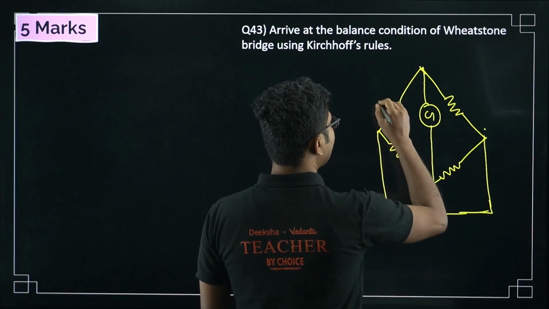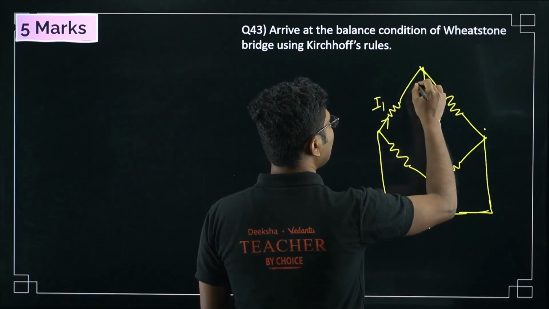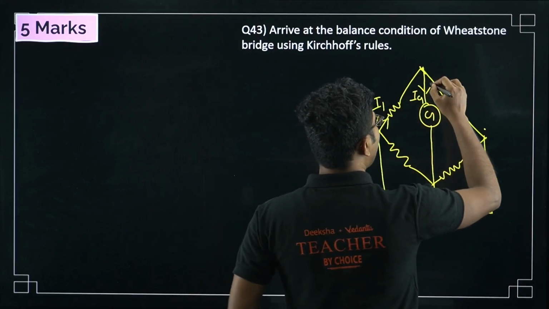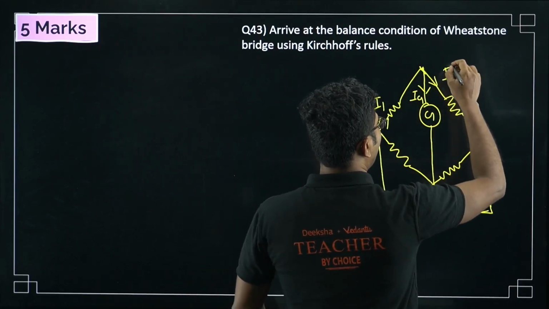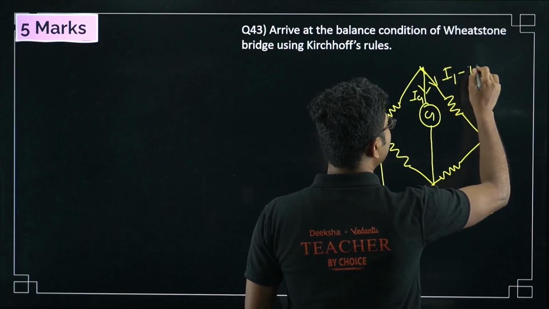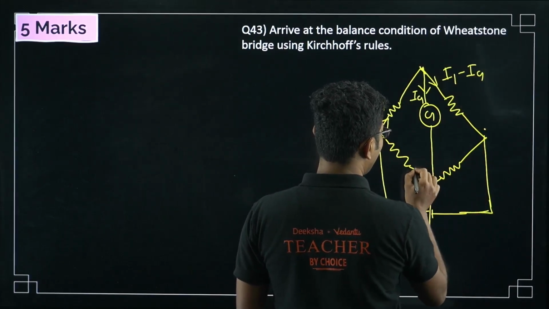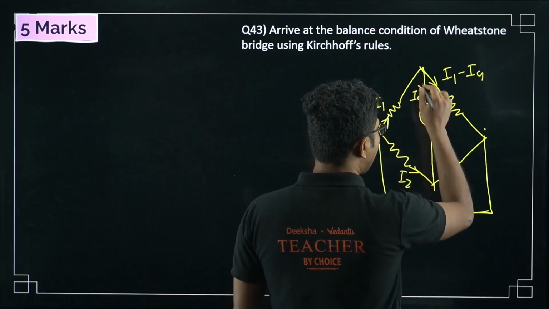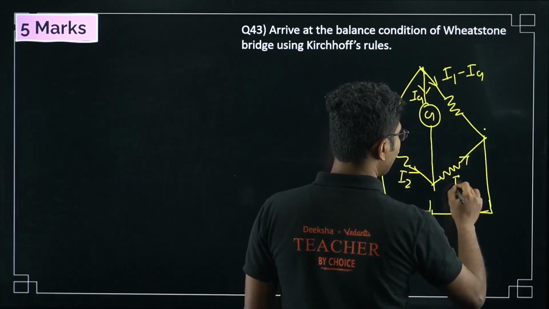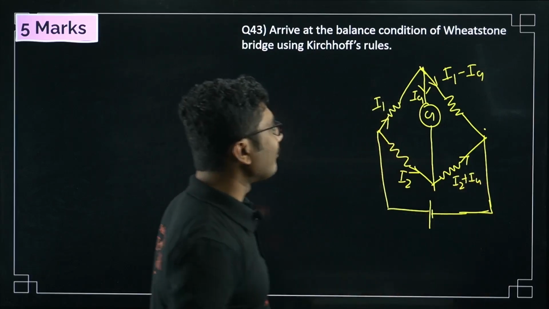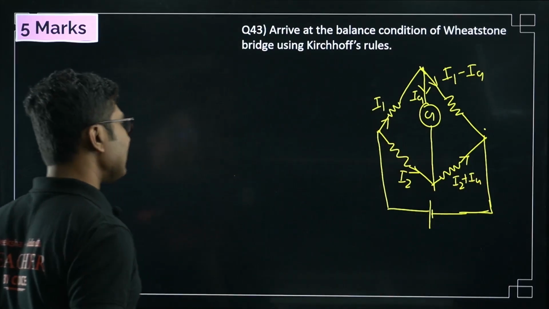So there is a current I1, there is a current Ig going through this, there is a current I1 minus Ig. Okay, there is a current going through this, I2, say Ig is going, so through this it is I2 plus Ig. Okay, so this is the Kirchhoff's current law already applied in the circuit.